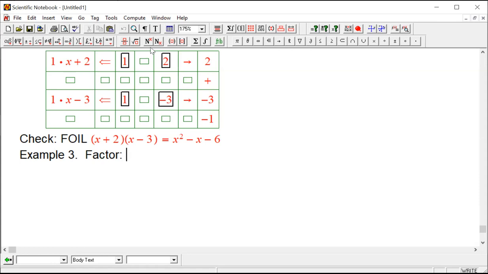So this time we're going to have 2x squared plus 4x minus 6. Okay, we'll see if we can factor this one.